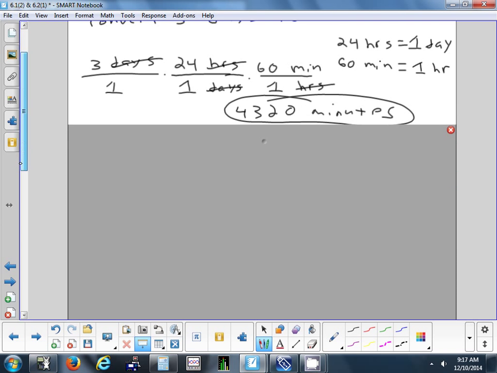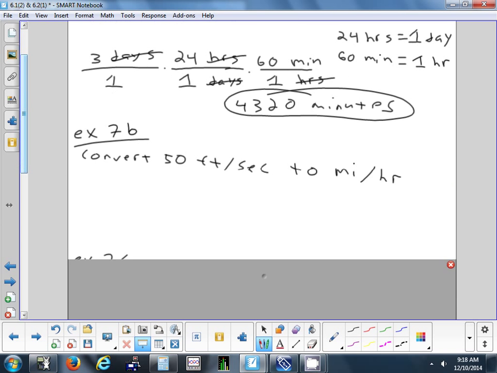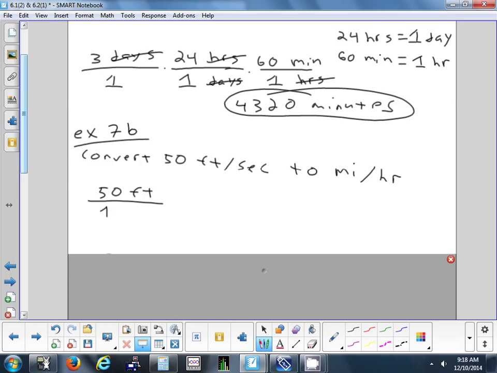All right, so let's try a rate. 50 feet per second. I want to convert that to miles per hour. So 50 feet per second means you go 50 feet every 1 second. There are two separate things we're going to do at the same time.